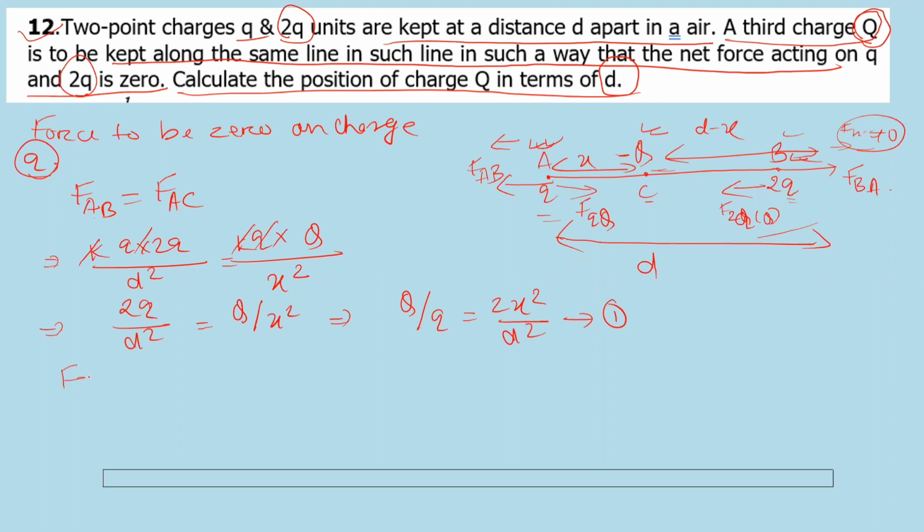Similarly, you will write force on charge 2Q will be 0 when force on charge B, first on B due to A, must be equal to force on B due to C. Clear?